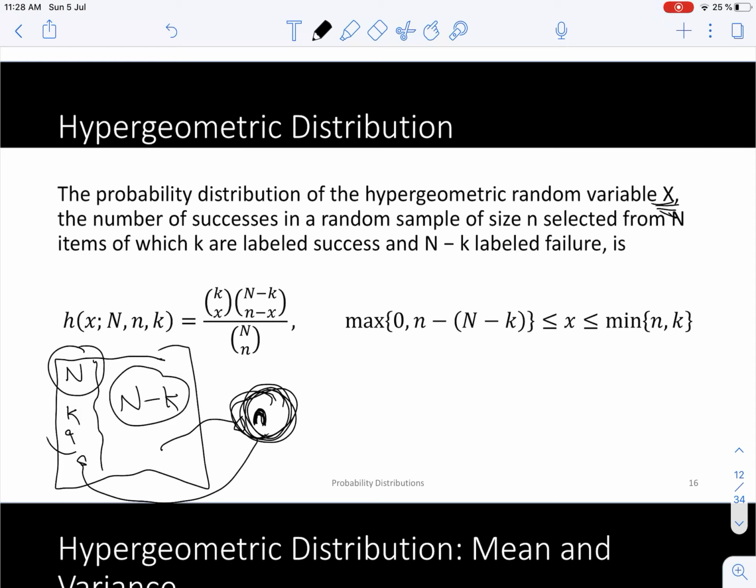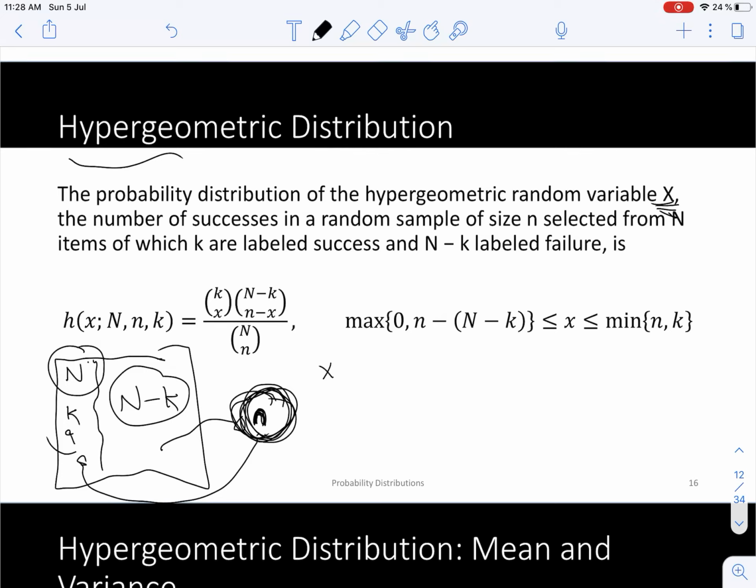Again, here x refers to the number of successes, or number of objects labeled as k, that are in the sample. So please note that the structure here is different compared to the binomial, because in the binomial we only have trials and that's it. But in the hypergeometric we have the lot size, which means all of the objects, and then from those objects we take a sample. So that's different.